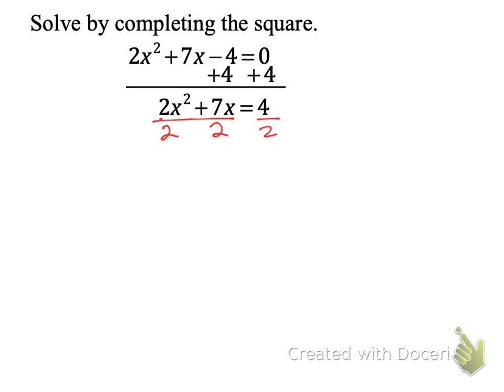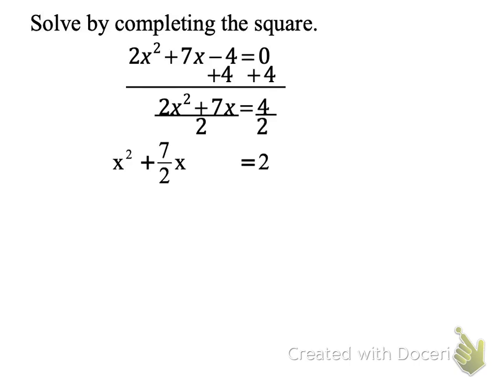Is that clear? Yes. Now here you can see they cross cancel and we're left with x squared plus 7/2 x equals 2. And I'm going to leave a little space there for me to complete the square. Is that making sense? Okay.